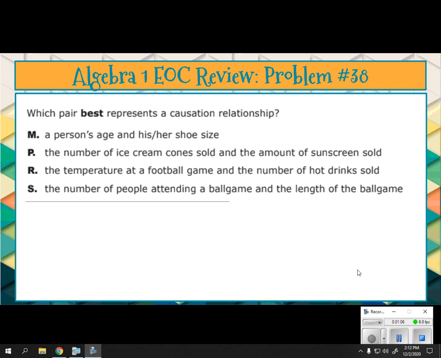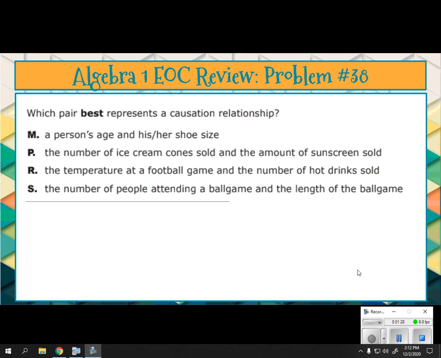So when we start dealing with those things, the correlation, the relationship between the two variables isn't necessarily a cause and effect type relationship. And so would we have a causation between those two variables? And so that's what the whole entire lesson's about.